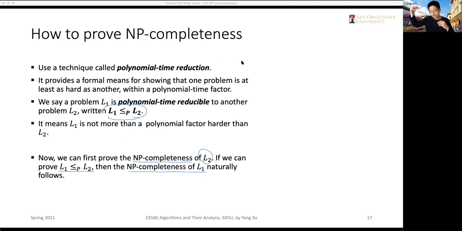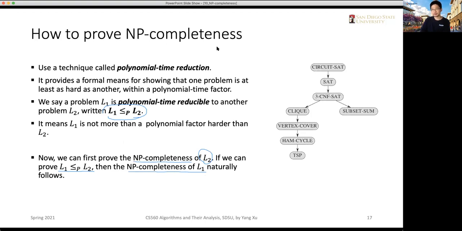So it's like creating chains among different problems. In practice, within this chain of proofs, we will reduce all the problems to the 3-CNF satisfiability problem. For example, the traveling salesman problem can be reduced to the Hamiltonian cycle, the Hamiltonian cycle can be reduced to vertex cover, and vertex cover can be reduced to clique and subset sum.